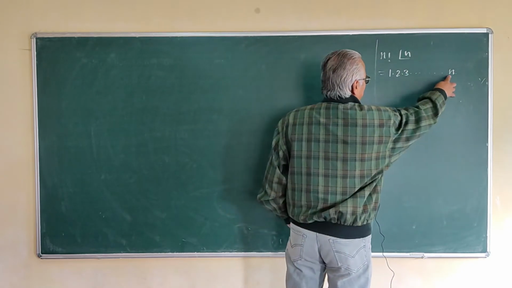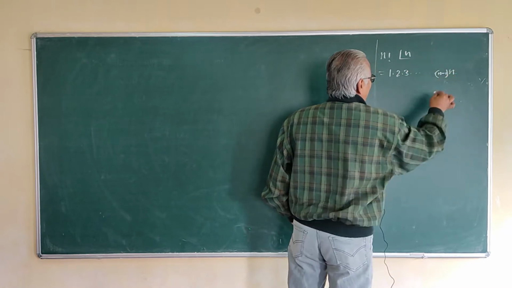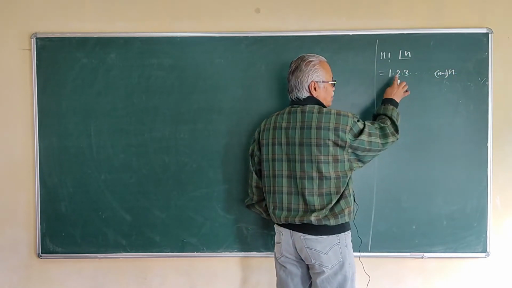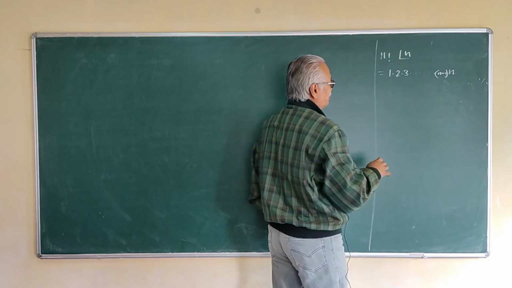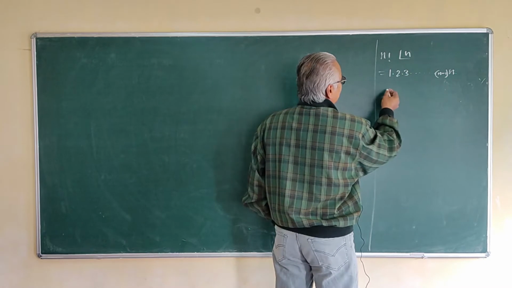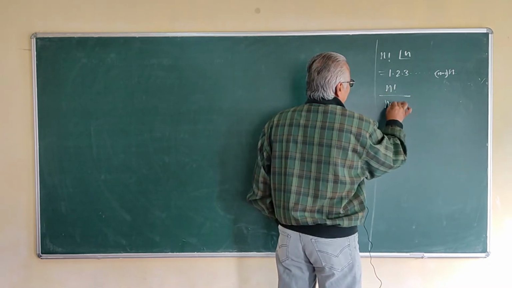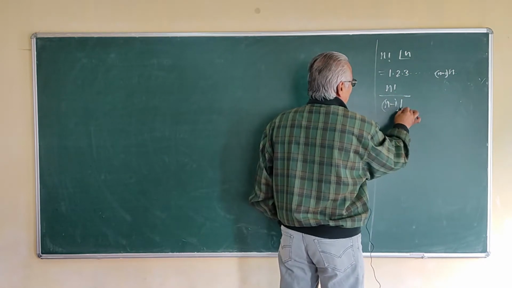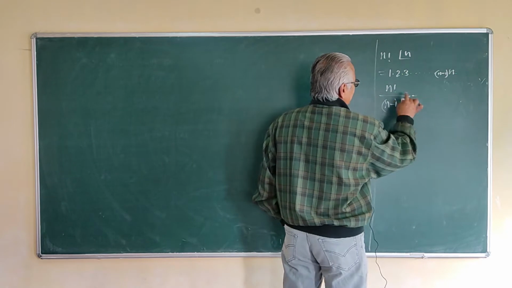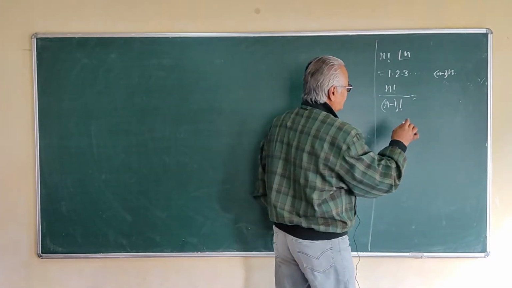So n is preceded by a number which is 1 less than n, like 3 is preceded by 2, which is 1 less than 3. Suppose you come across n factorial divided by n minus 1 factorial. What are you going to do? Because n factorial itself contains n minus 1 factorial.